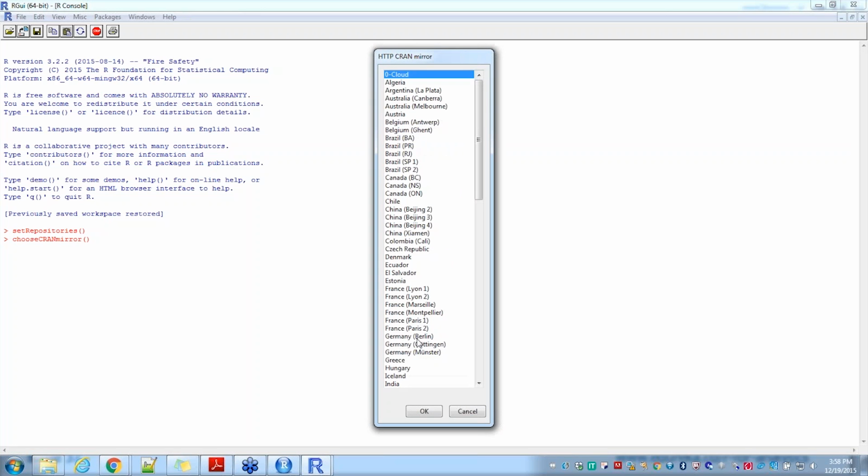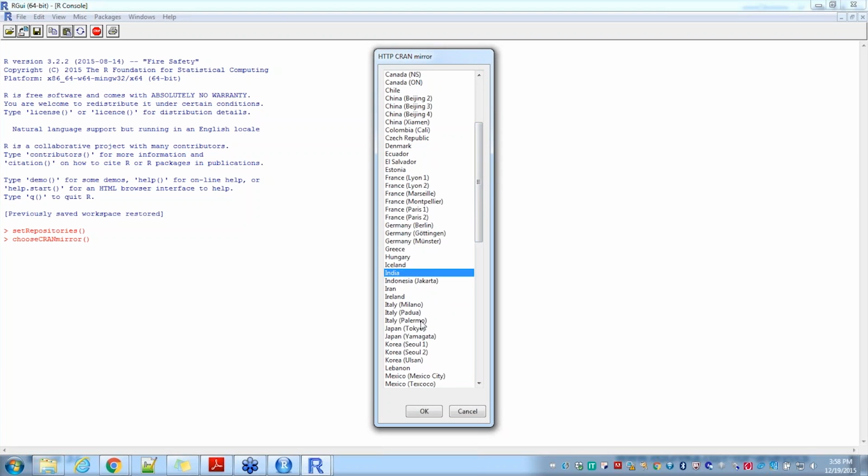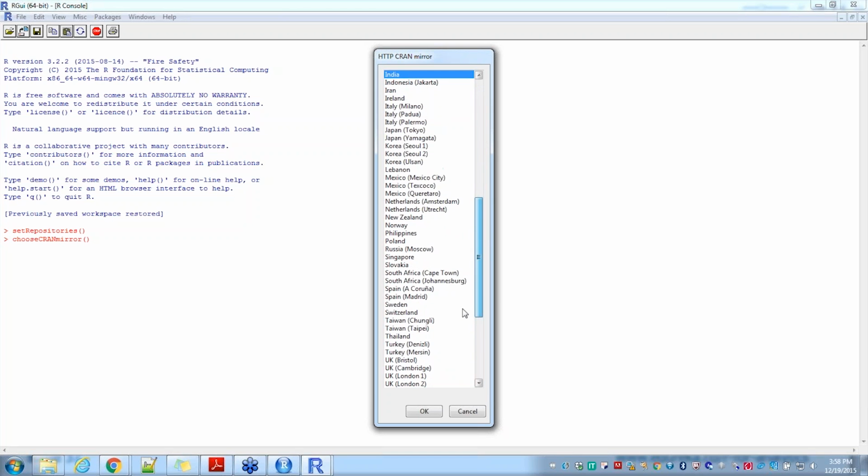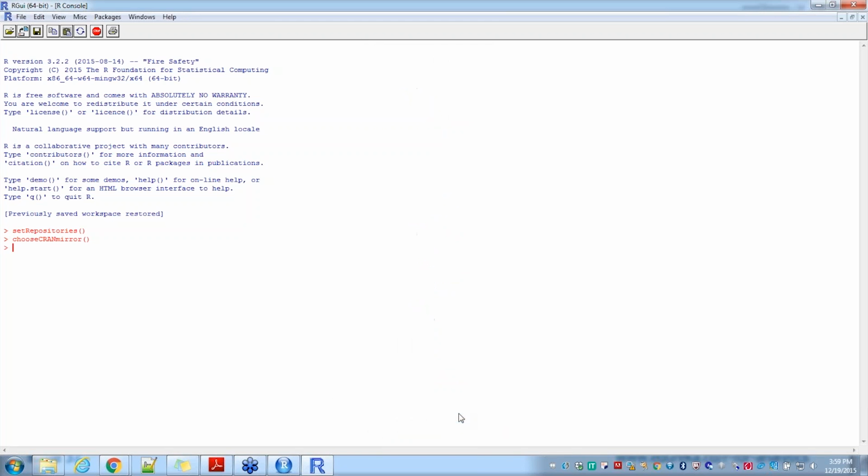So if you need to look for India, then you can just scroll down this list and you will see it here. India just has one mirror, whereas say China has 4 mirrors, so you could choose anyone from there. I think you can also choose from Singapore, which might be the next nearest location to India, right? Select this CRAN mirror, and then whenever you update or download packages, you would actually be downloading those packages from these mirrors, right? Okay.